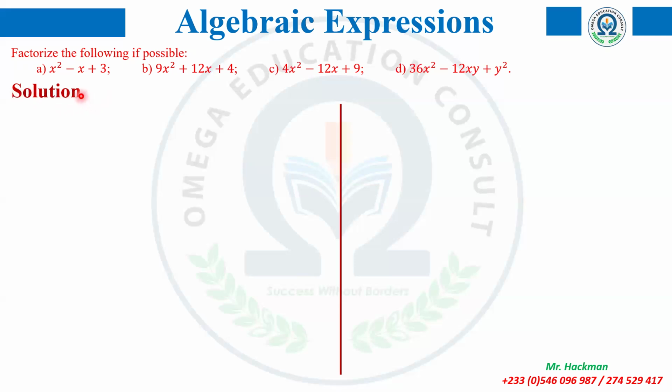I've told you, please take note: if you want to write the questions, write all of the question. If you write "factorize the following" and then come and write the solution, no, this is not a question. "Factorize the following" is not a question on its own. It is this and this together that make the question complete.